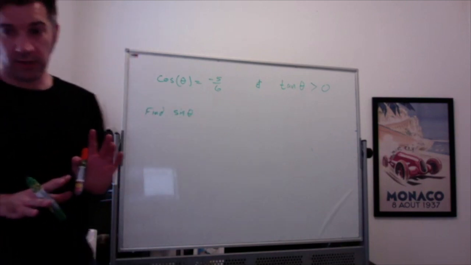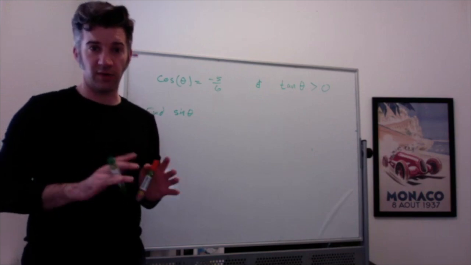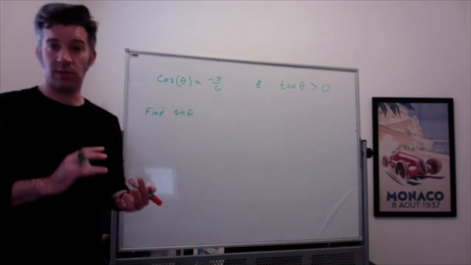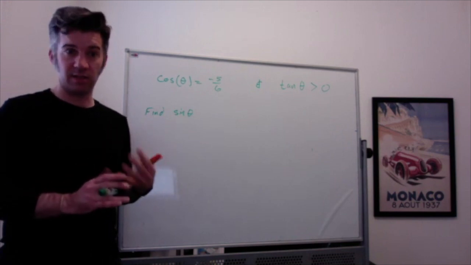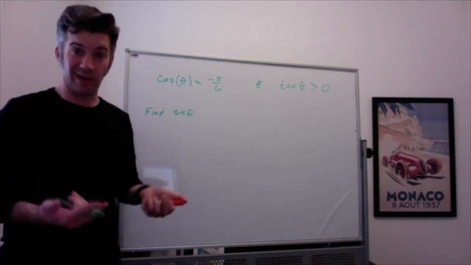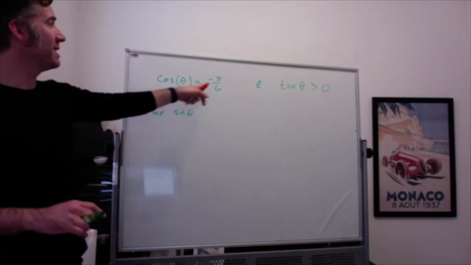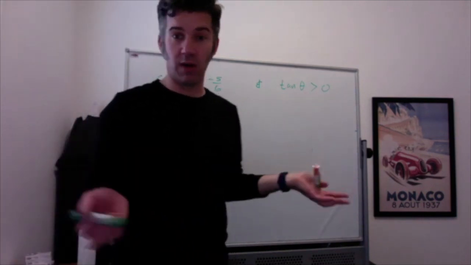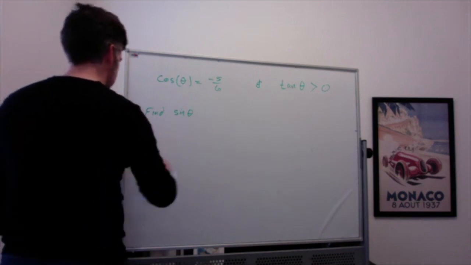So I want to point out, if you're ever given two trig functions that aren't reciprocals of each other, and you know their positive or negativeness, you can always determine what quadrant your angle is in. So if I know that cosine is negative and tangent is positive, I can narrow down what quadrant we have to live in. So let's see.